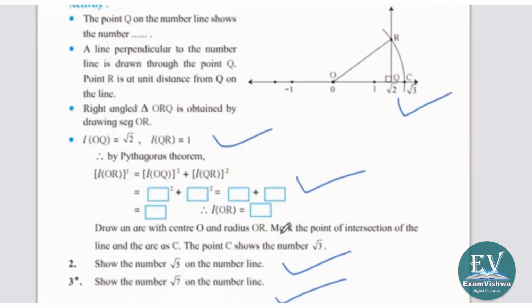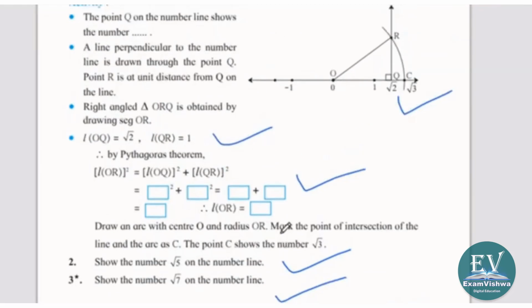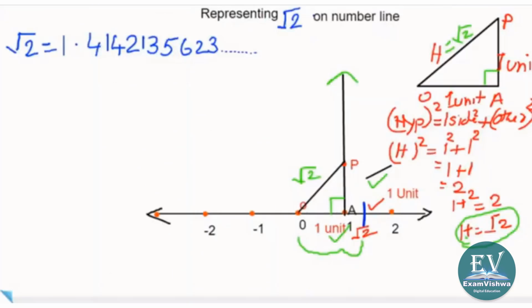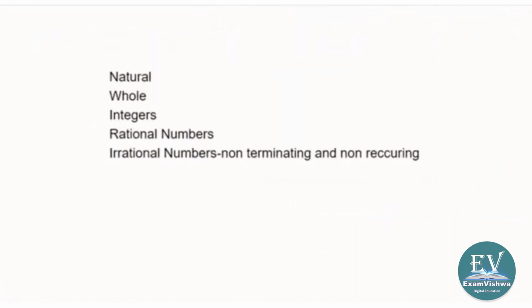Dear students, the topic was related to rational numbers and irrational numbers. Irrational numbers are those numbers which are non-terminating and non-recurring. You have to remember this. That is the most important thing you studied today. Non-recurring, non-terminating numbers are called irrational numbers.